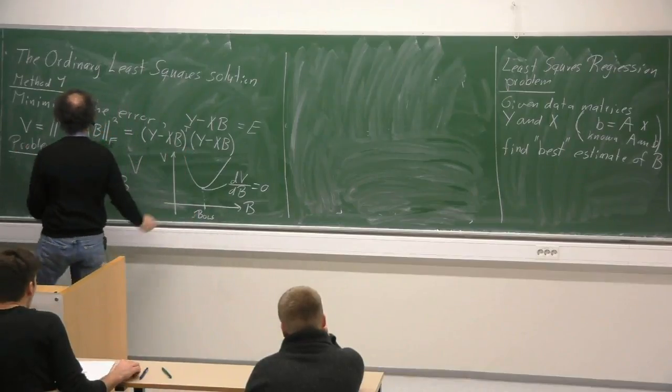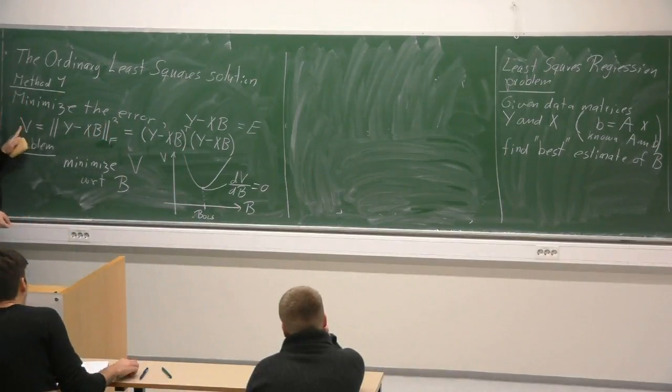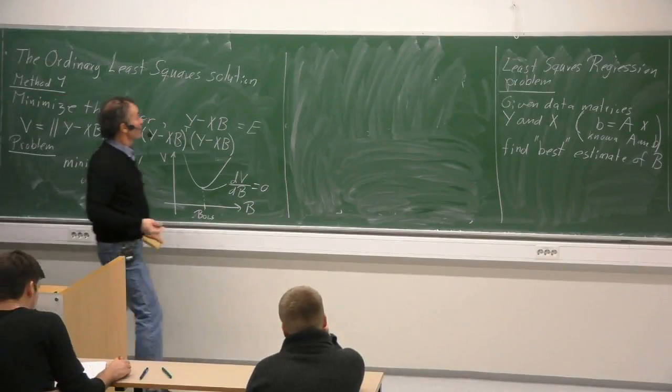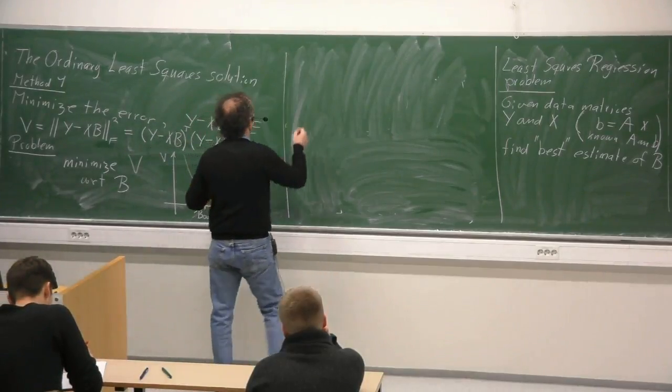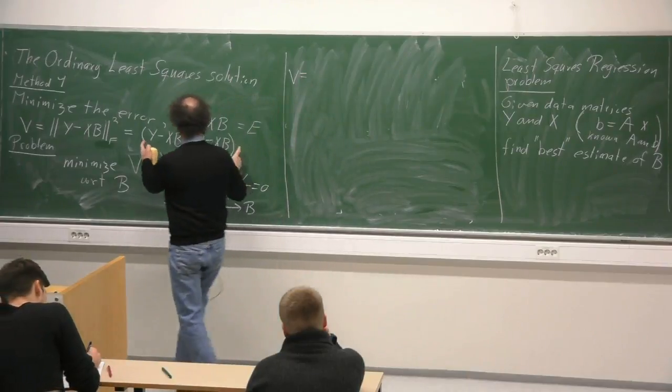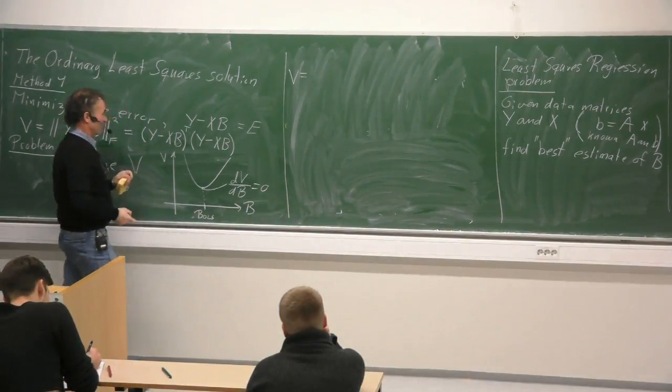So in order to solve this problem, it's a good idea to take the derivative of this with respect to b. And in order to calculate the derivative, I multiply out all terms here first.